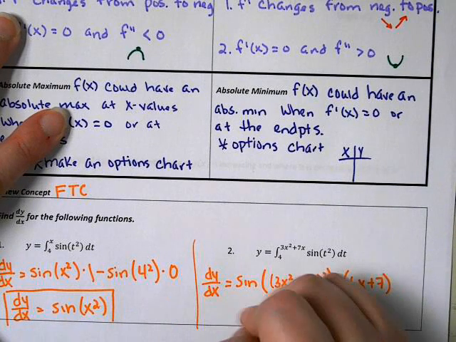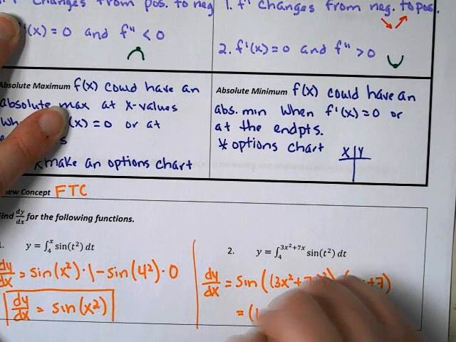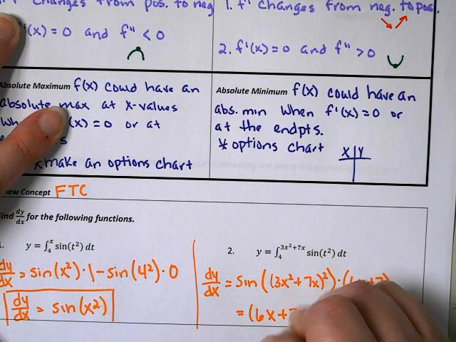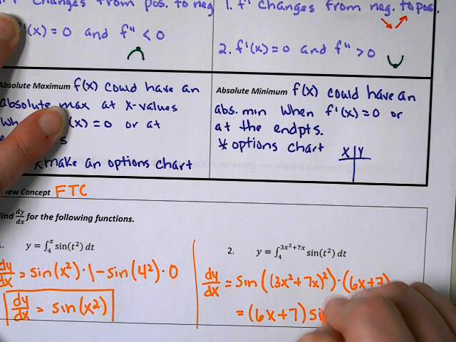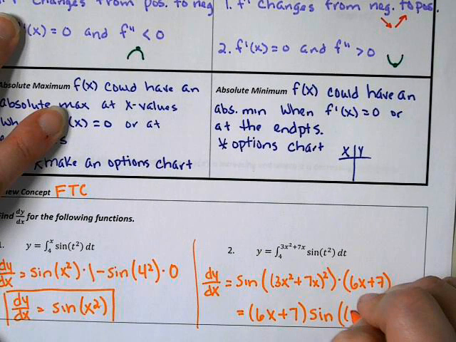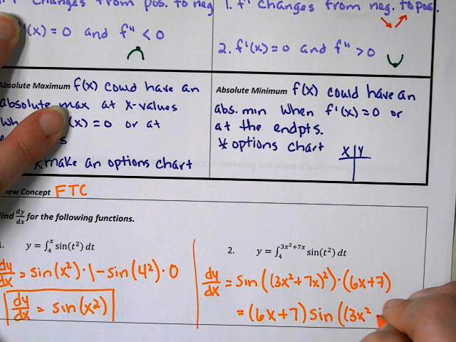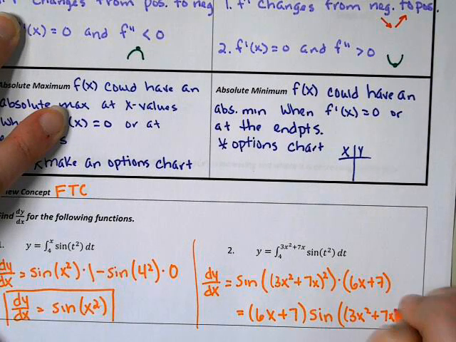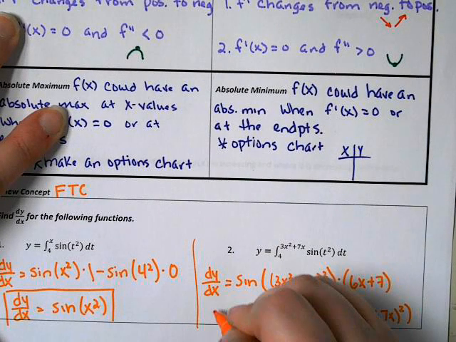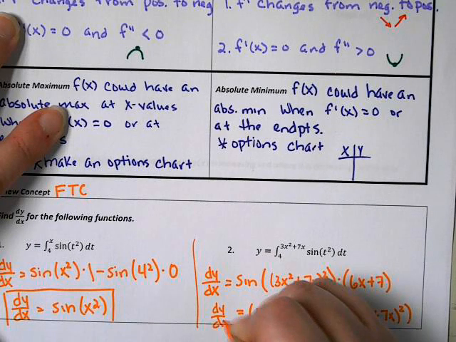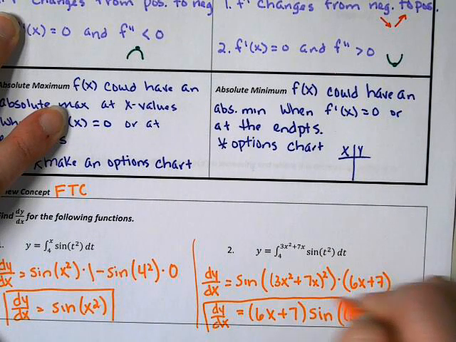So it ends up canceling out. And I'm just going to go ahead and rewrite my answer in a nicer way. So 6x plus 7 times the sine of 3x squared plus 7x squared. That's my dy dx.